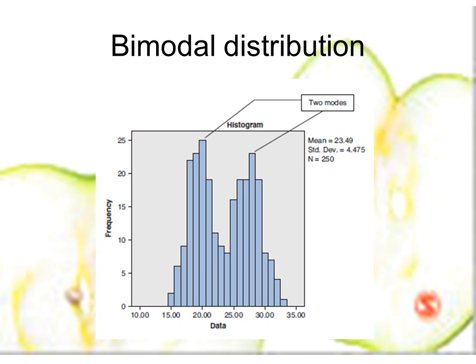So remember, if we had a sample of 2, 3, 3, 3, 4, 5, the mode's going to be the 3 because it's most frequently identified. So looking at this graph, we have two modes, so we have a lot of information.